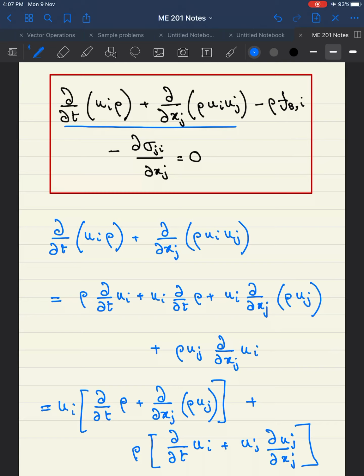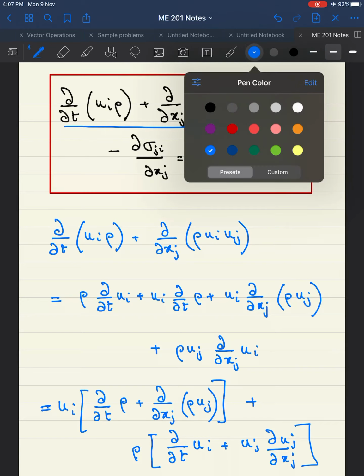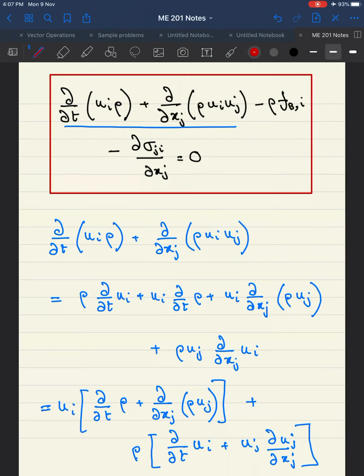Now let's ask ourselves, what is this first term? If you recollect, this is actually the continuity equation. And the second term is nothing but rho times dui by dt, the total derivative.